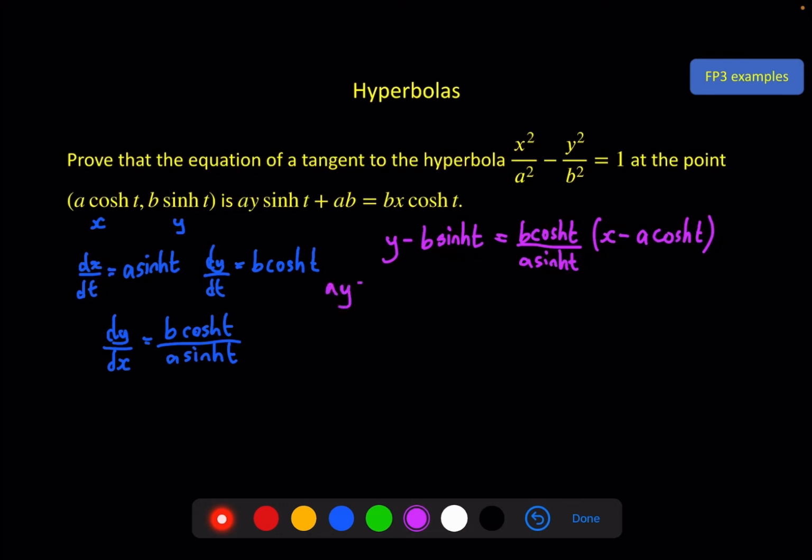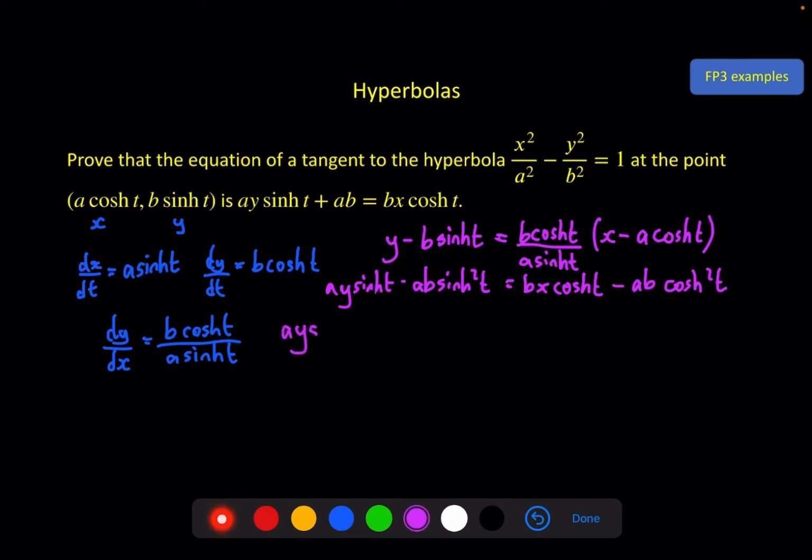We get ay sin t minus ab sin squared t is equal to bx cos t by expanding out the brackets as well, minus ab cos squared t. And to put it in the format they want, I'm going to leave ay sin t here, bx cos t here, and I'm going to move ab cos squared t onto the left.